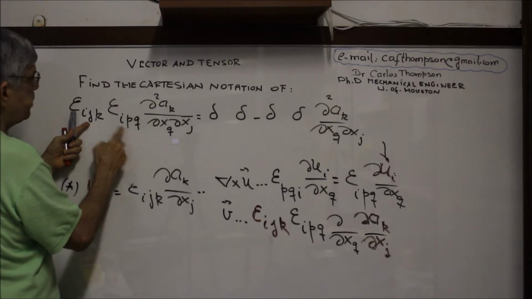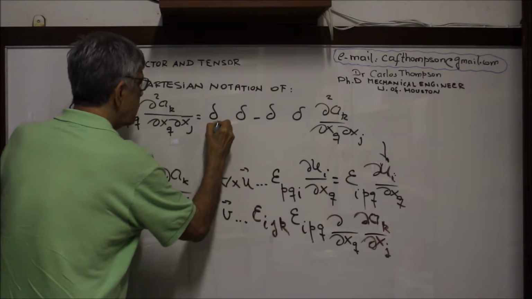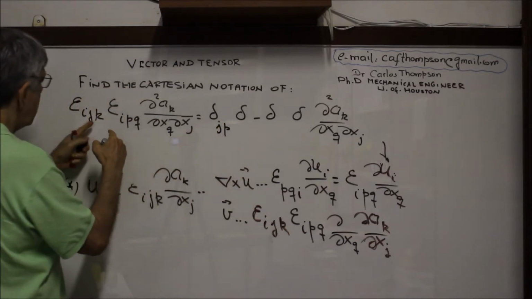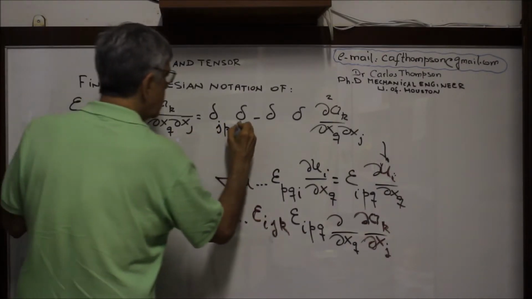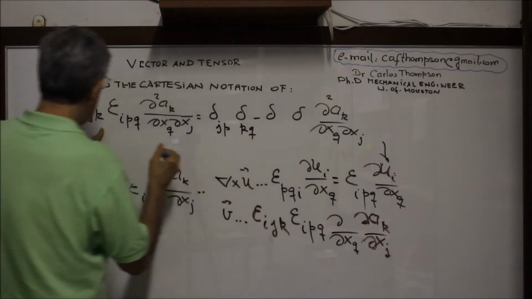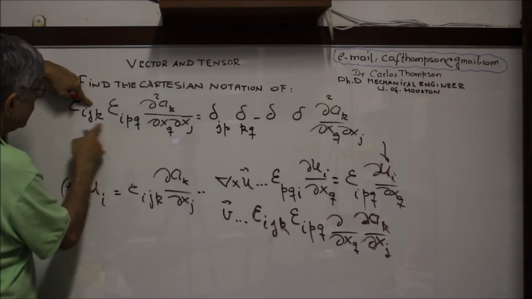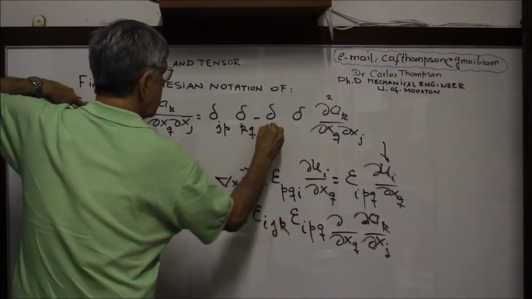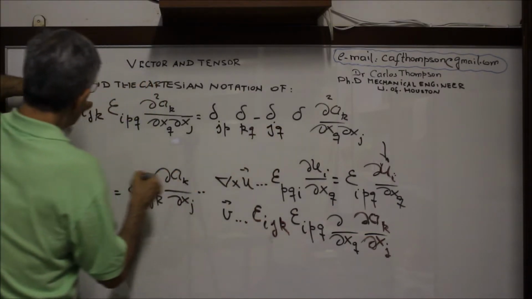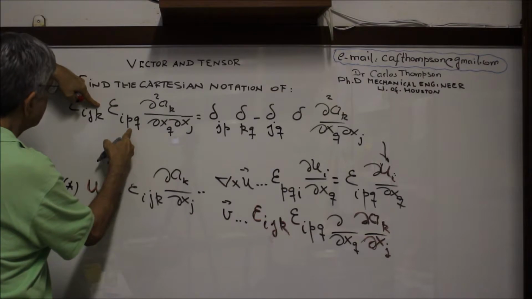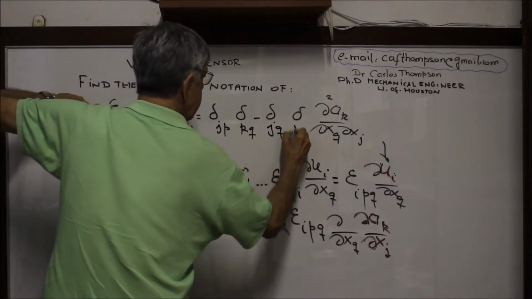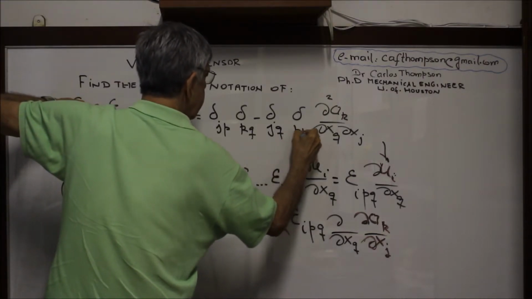So, jp, jp. Now, kq, kq. Now, jq. You see, that's the second one, the third one. Now, jq. Now, the third one with the second one, kp, kp.